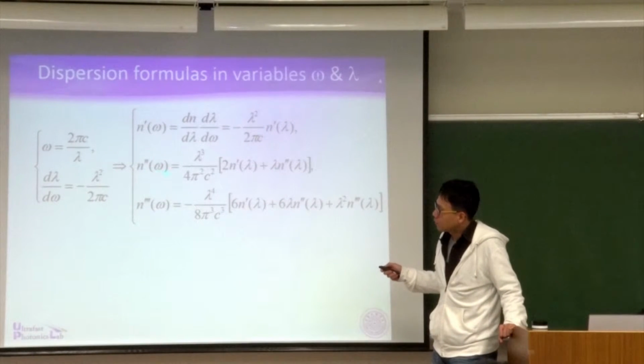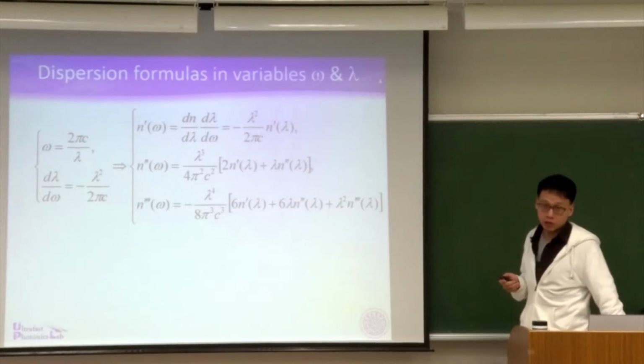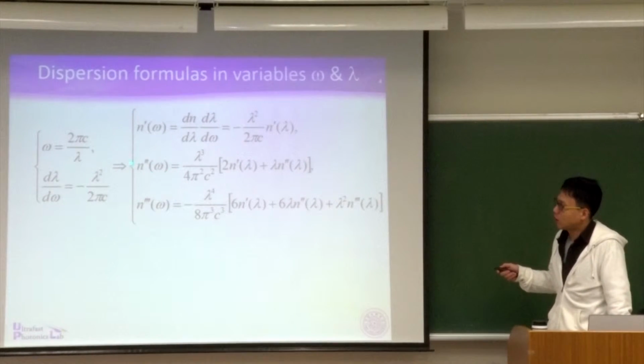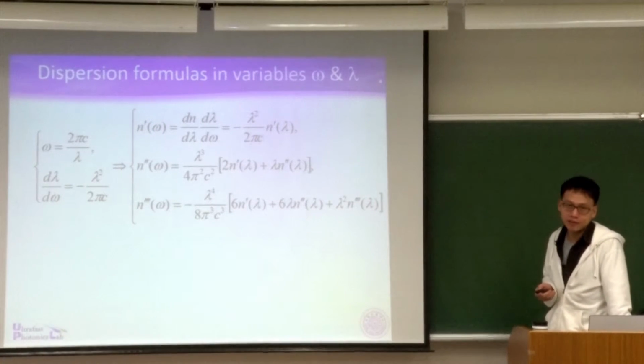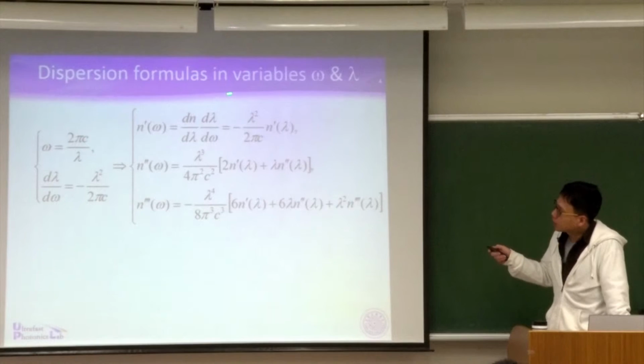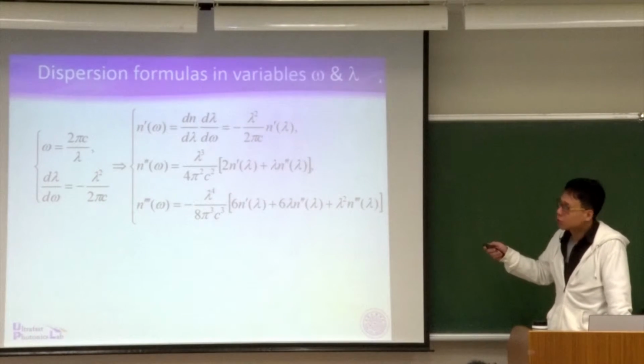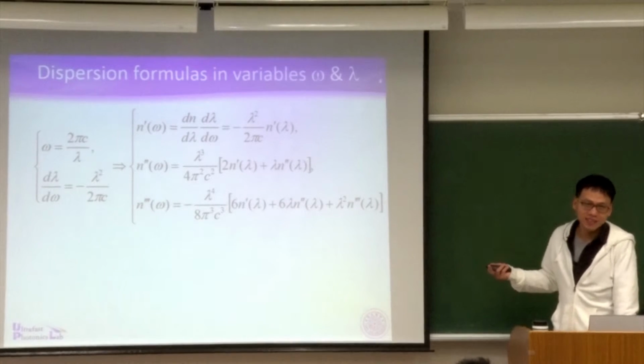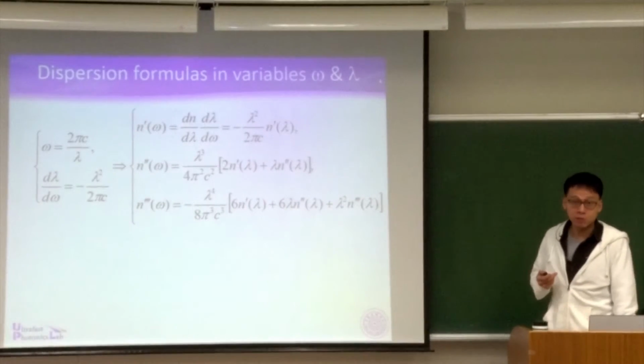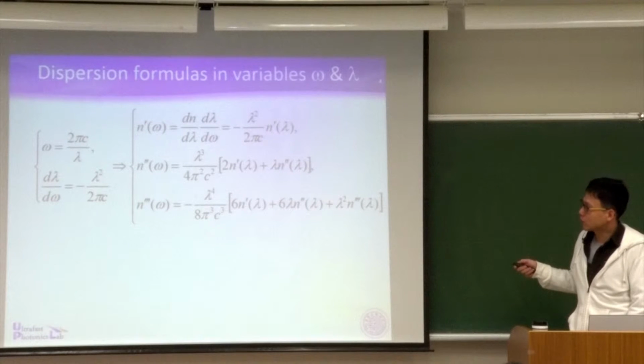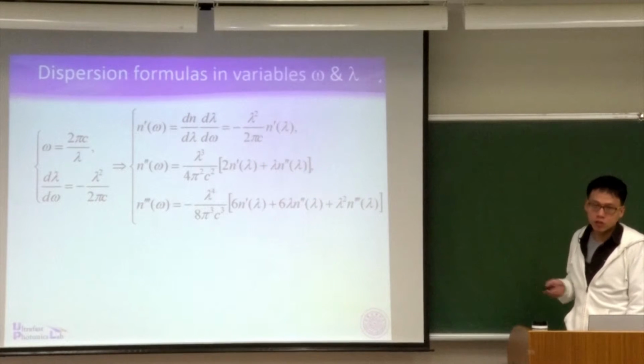Then we can extend the derivation to the second order derivative, n double prime of omega. By definition, this is another derivative with respect to omega of n prime, right? But n prime is already here, so you can apply the chain rule to this relation again, okay? I skip the intermediate steps. This is the result. In the end, you get lambda cubed over 2 pi squared c squared, a constant, times the summation of two terms.